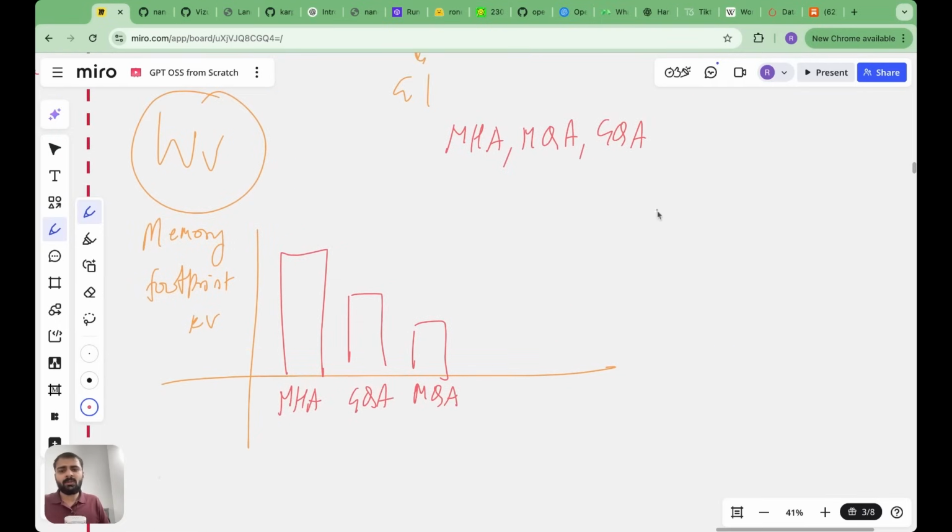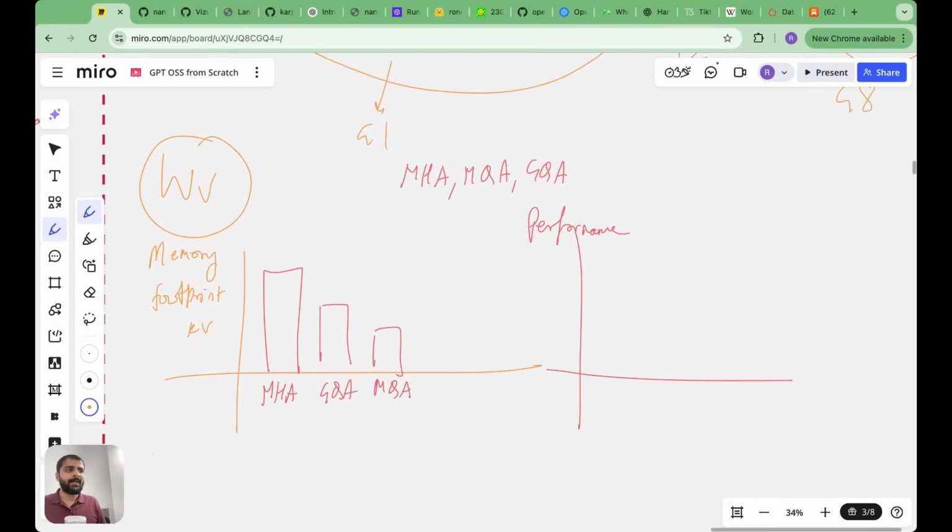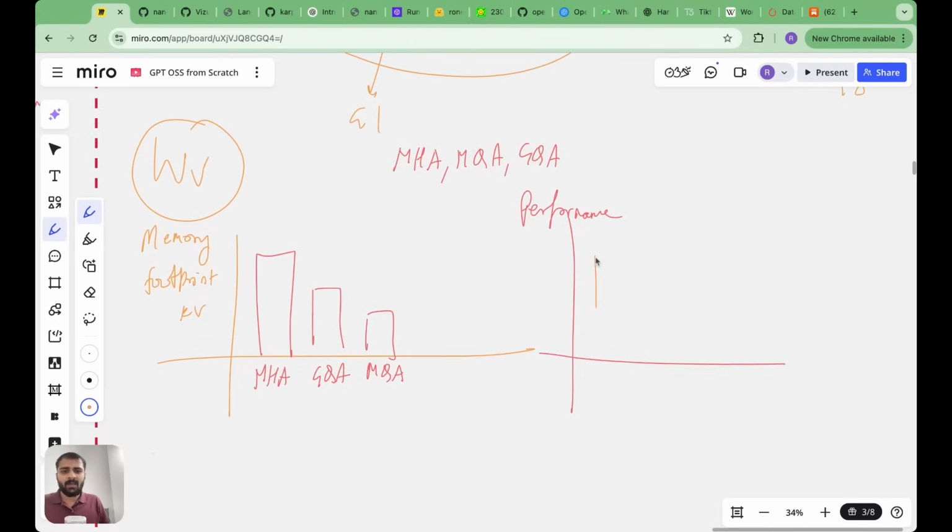And what about the performance? Performance is about capturing perspective, then capturing the different diversity in the input, etc. Again, here MHA will have the maximum performance, followed by GQA, followed by MQA.